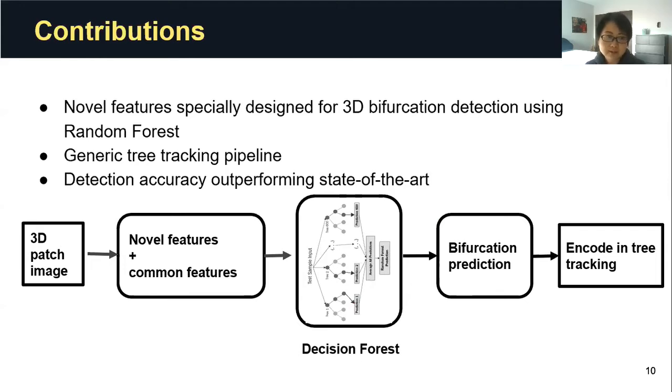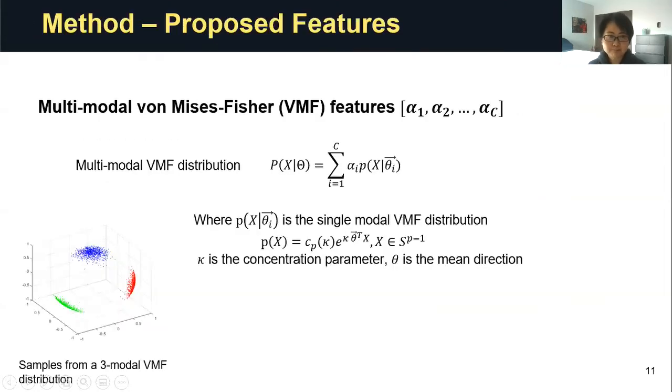The pipeline is as follows. We take in a 3D image patch, extract novel features as well as some common features, and input those features into a random forest. Then we get a bifurcation prediction of whether this 3D patch contains a bifurcation or not. Then we encode this in a general tree tracking pipeline.